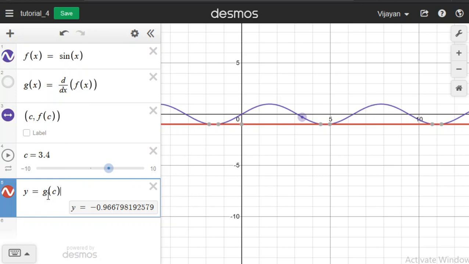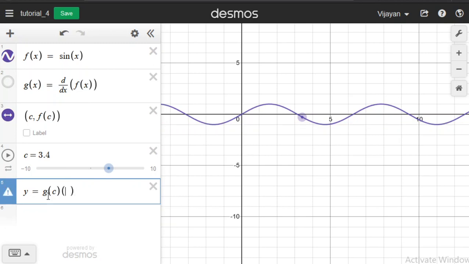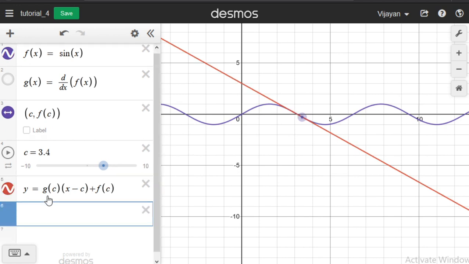g of c will give me the slope of the tangent. So g of c is the slope. Here I will write x minus c, and here I will write plus f of c. As soon as I press enter, you see a straight line has appeared.